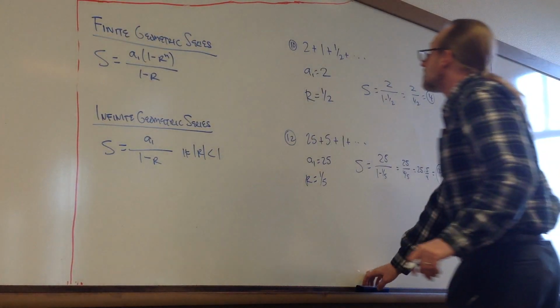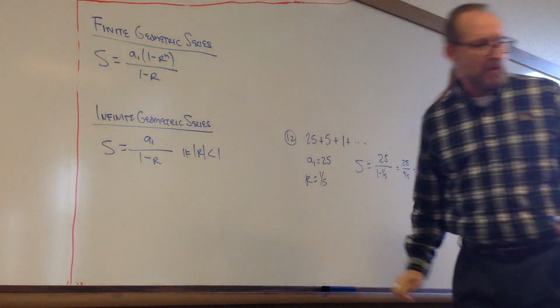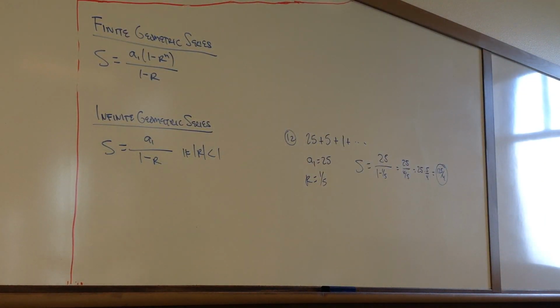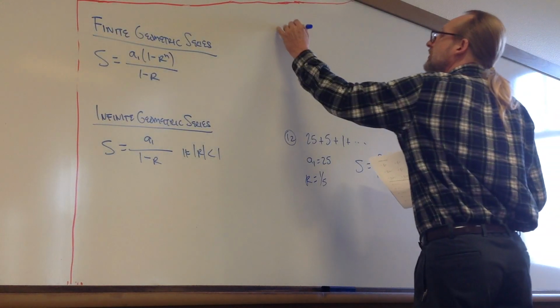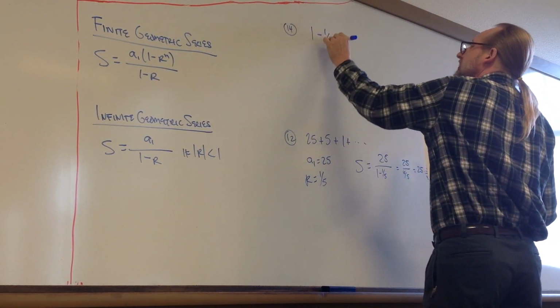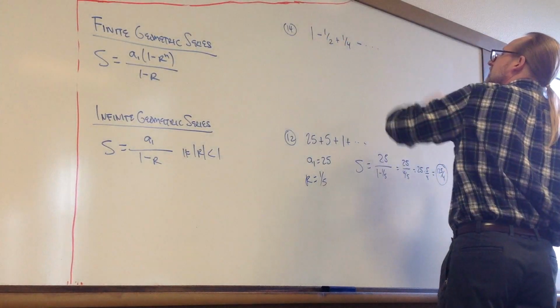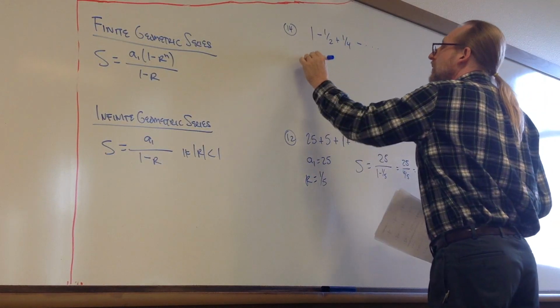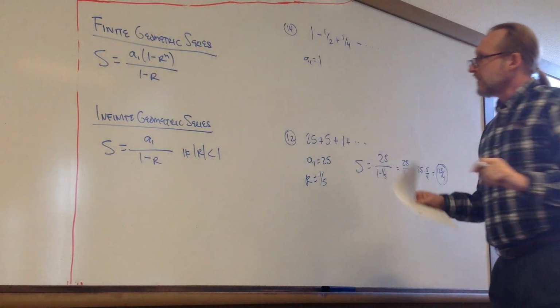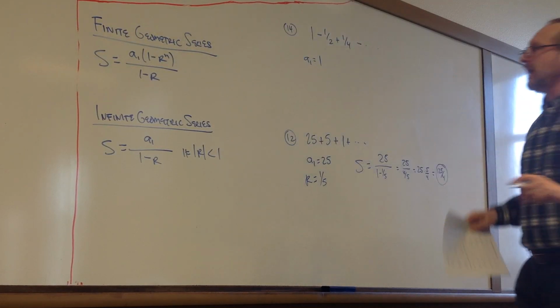All right. Let's look at a couple more here. Yeah, number 14 is kind of interesting. Here we've got 1 minus a half plus a fourth minus dot, dot, dot. Okay, well, a1 is 1. Now here, our constant ratio is negative 1/2.